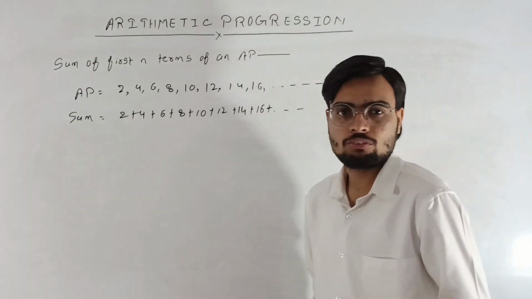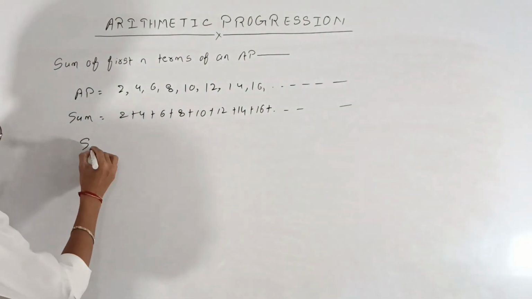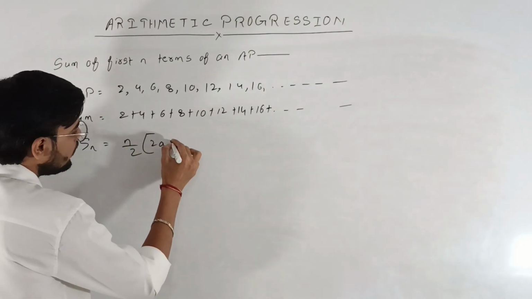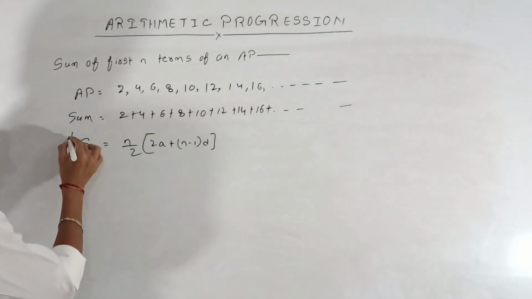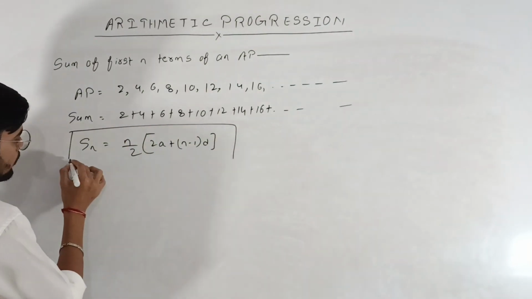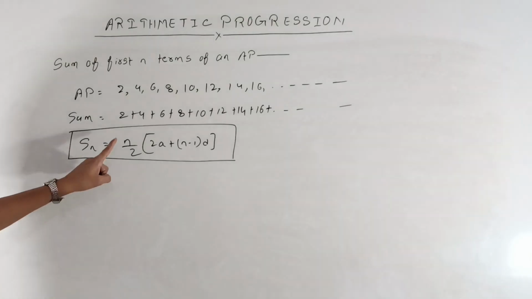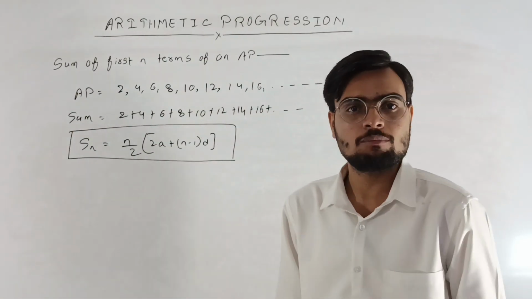So there is a formula for finding the sum of the first n terms of an AP. The formula is Sn is equal to n upon 2 into 2a plus n minus 1 into d. This is the formula for finding the sum of the first n terms of an AP. Here n is the number of terms up to which we have to find the sum of this AP.